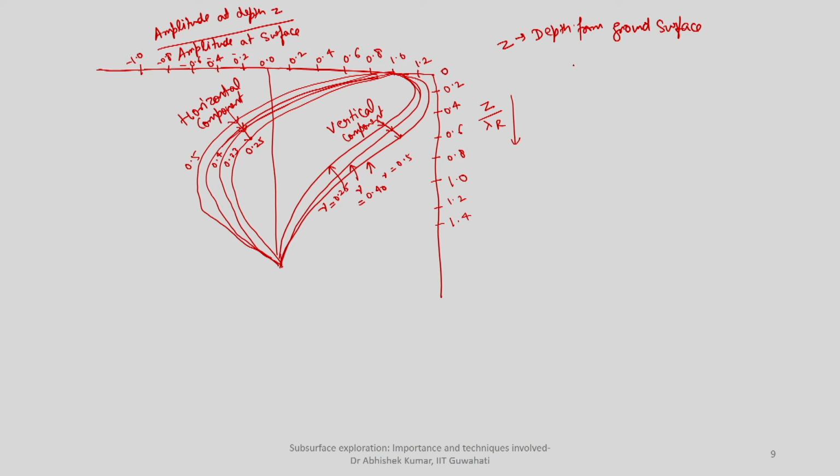So, that means with increase in wavelength, that is, as you go towards this, there will be an increase in the z by lambda r value, and the amplitude of the wave will increase at the same depth.